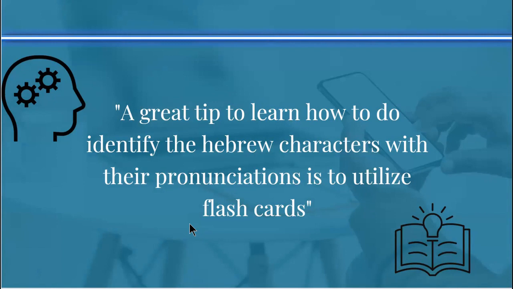But just to learn it, you can peek at the pronunciations. Let's say the side of the flashcard that you're looking at is the Hebrew character that you wrote out, let's say you wrote out the ah on one side, right?